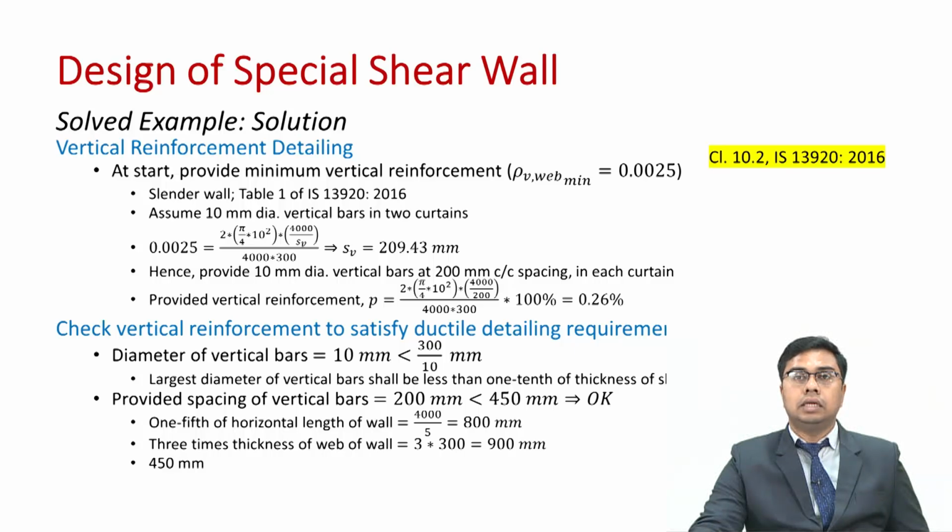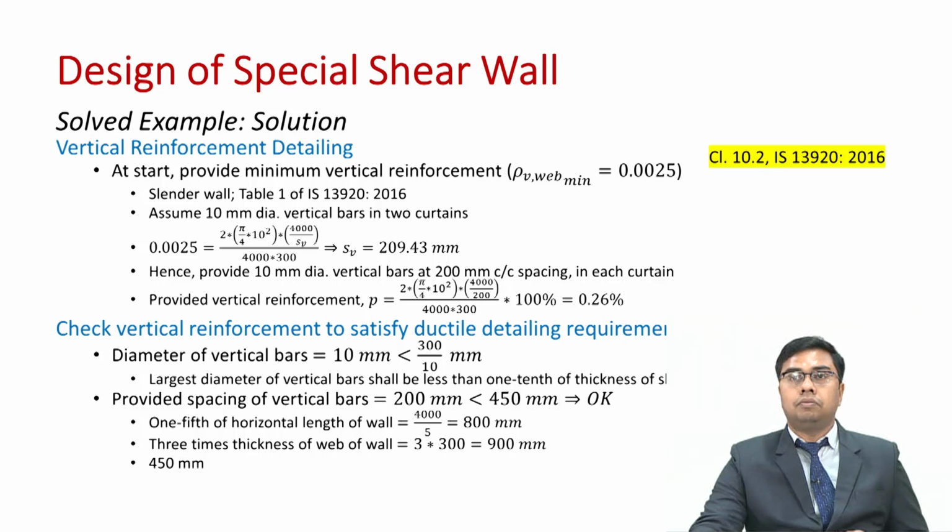And the third criterion is directly 450 millimeters, which means that out of these three, the lowest being 800 millimeters, we need to provide these bars at a spacing not exceeding 800 millimeters.